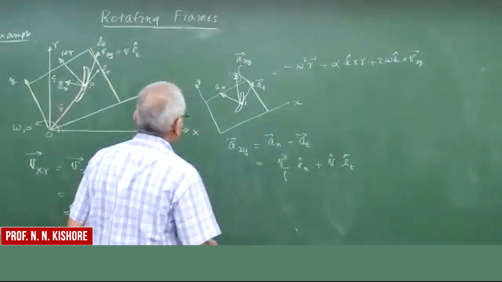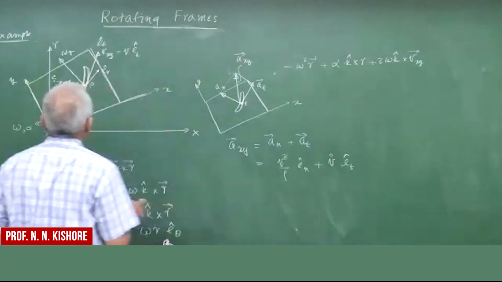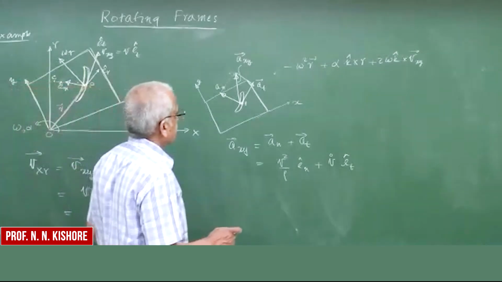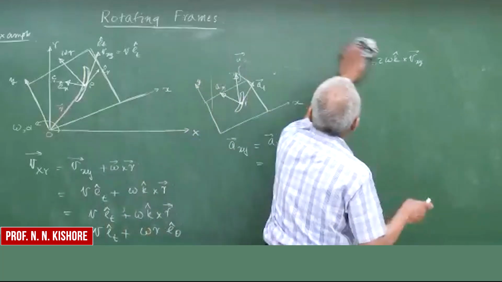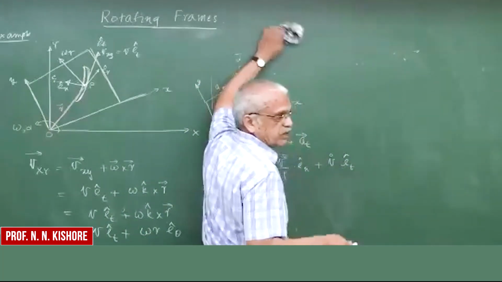And then we have minus omega square r. I think the other components you will be able to understand.